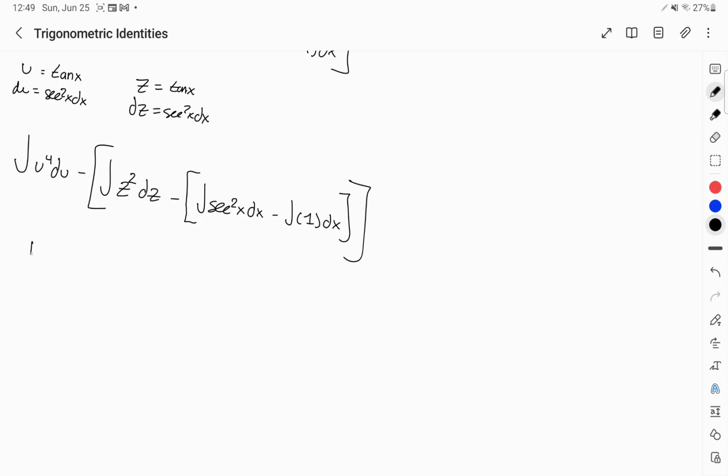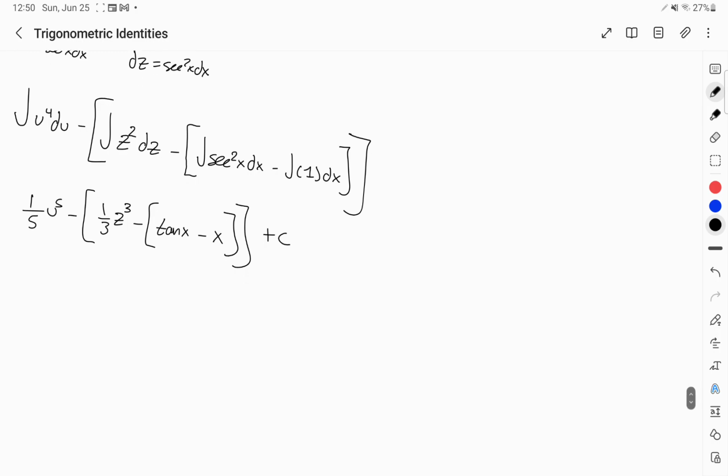So now, integrating, we have 1/5 u to the fifth minus 1/3 z to the third. Ooh, that's a horrible 3, hold on. Minus tangent of x minus x plus c.